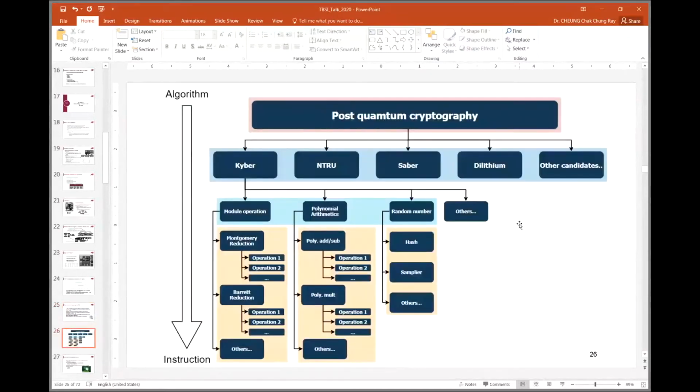If you look at the up-to-date PQC standards, there are many different ones up and running, all by mathematicians and cryptographers. We can divide the algorithms into different operations like modulus operation, Montgomery reduction, multiplication and others. How to map these instructions onto the RISC-V processor is a big challenge. It's a big PhD topic.